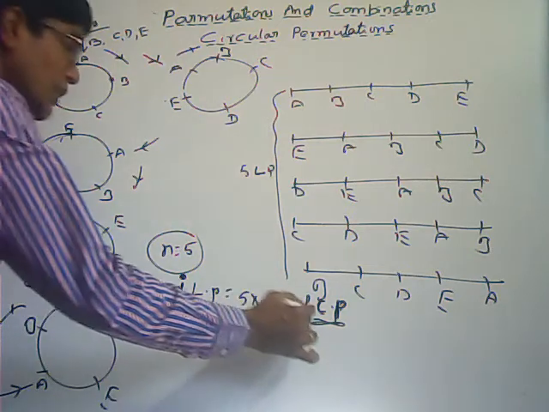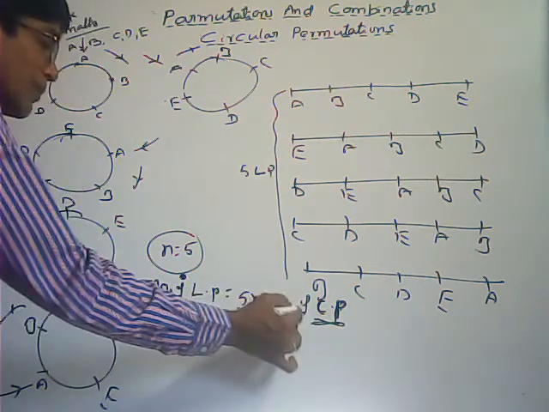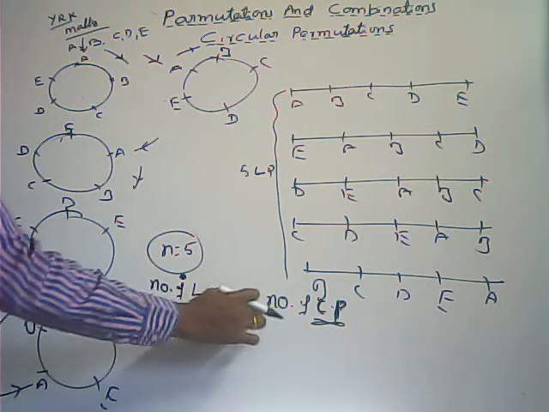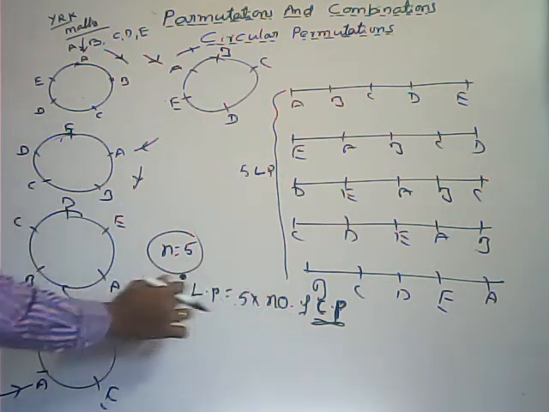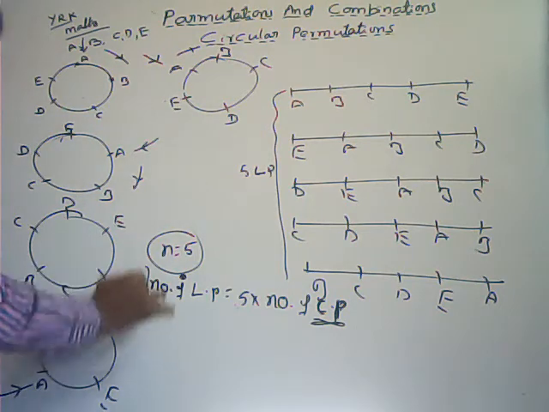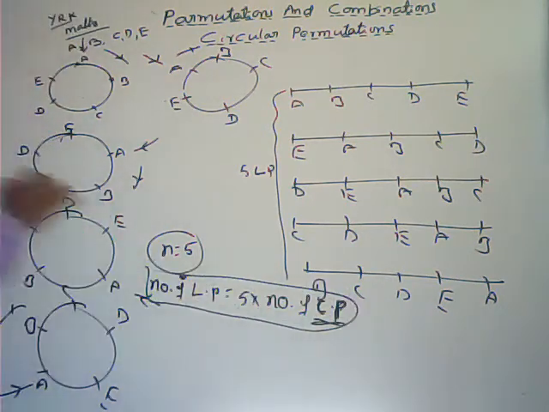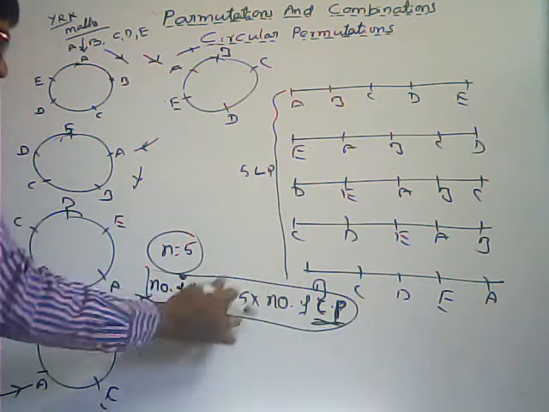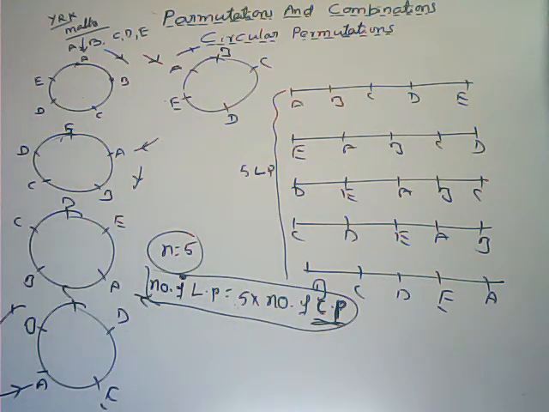Each circular permutation gives 5 linear permutations only. For example, if there are 10 circular permutations, multiplied by 5, each one giving 5 linear permutations only, how many linear permutations are there in total? 10 into 5, 50.